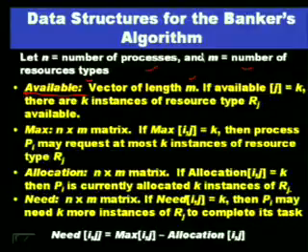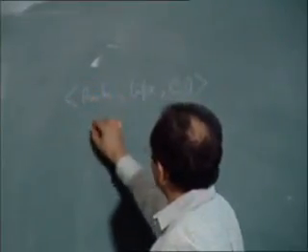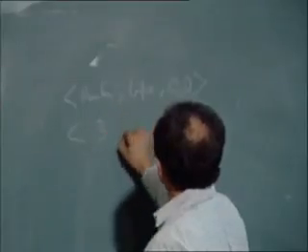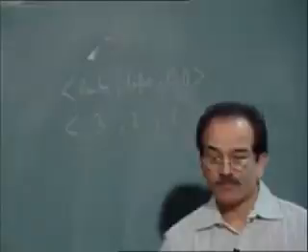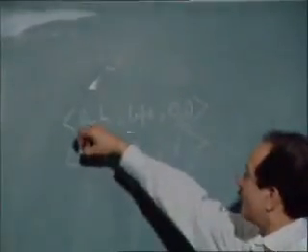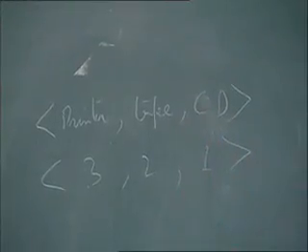We put them into the vector. Let us say this is my vector: printer, tape, CD. And let us say the availability is 3, 2, 1. That means this many resources of the type printer are available, this many of the type tape are available, and this many of type CD are available to me.